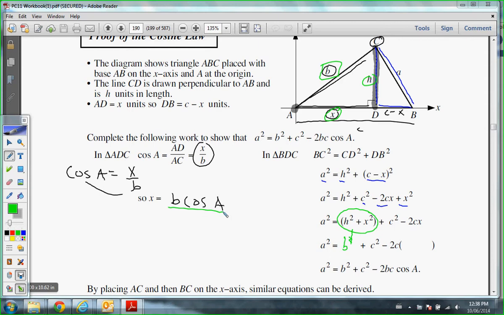So this x right here, they put in the b cosine a for it. Like that. And then, hence, this is the formula. That is the law of cosine.